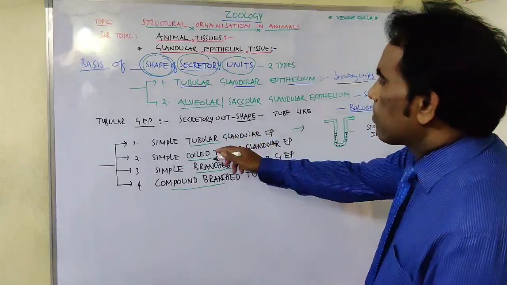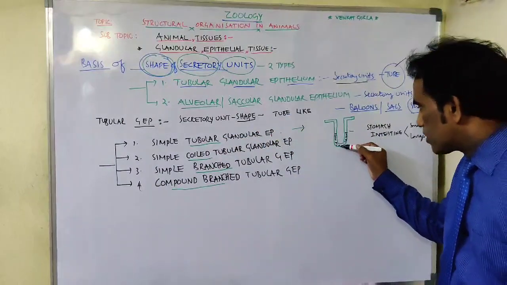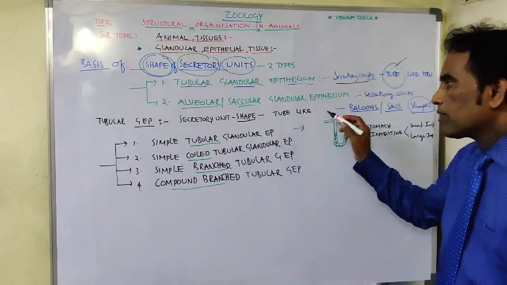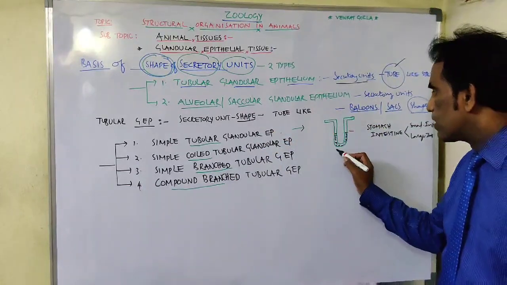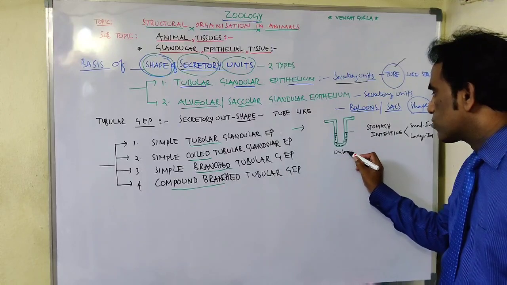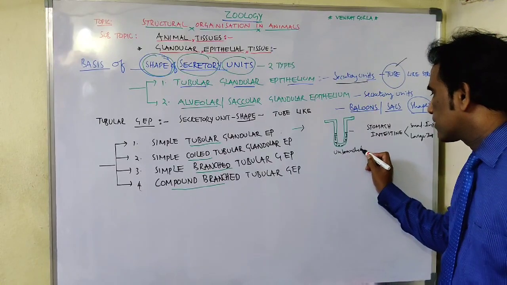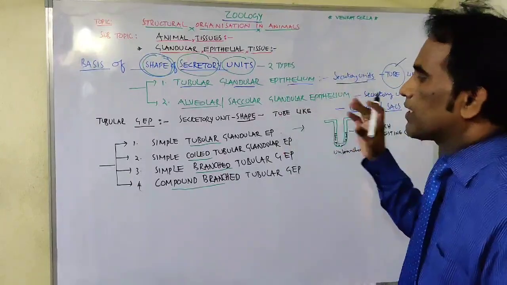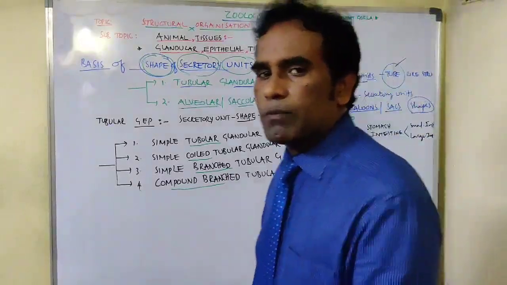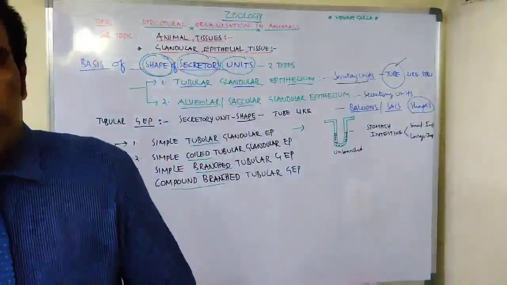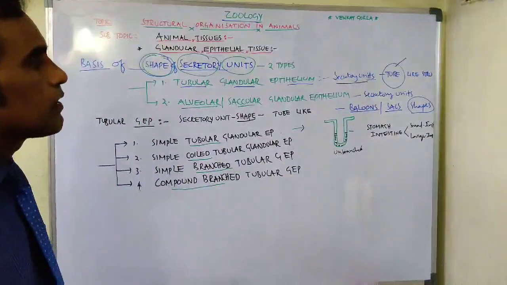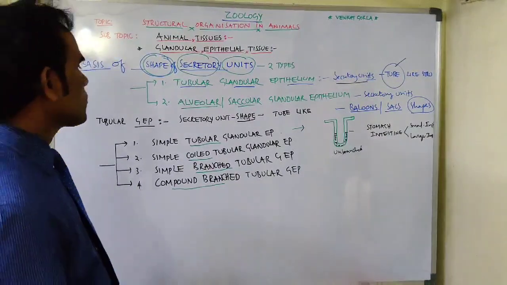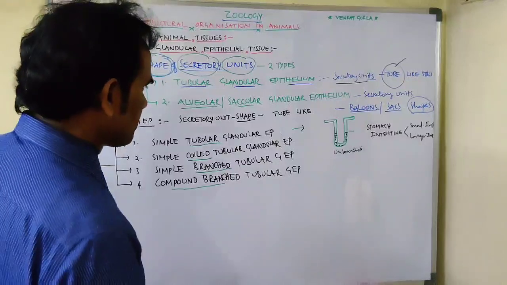Simple tubular is a tube-like structure that is unbranched, with no branches, and the secretion takes place in the tubes. That is called simple tubular glandular. Example: the crypt cells of the glands in the stomach and intestine, both small and large intestine.